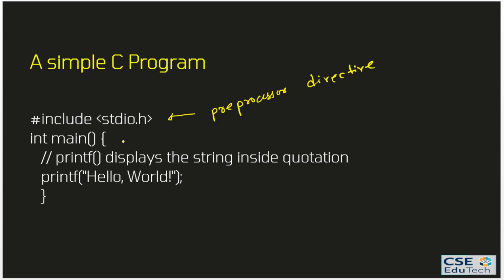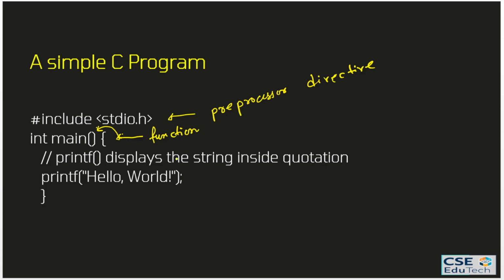Now next, this int main, this main is basically a function. We will learn more about functions, but for now int main is a function. Within these curly braces, printf displays the string inside the quotation.